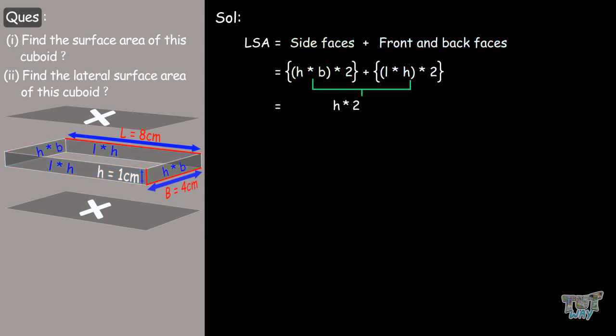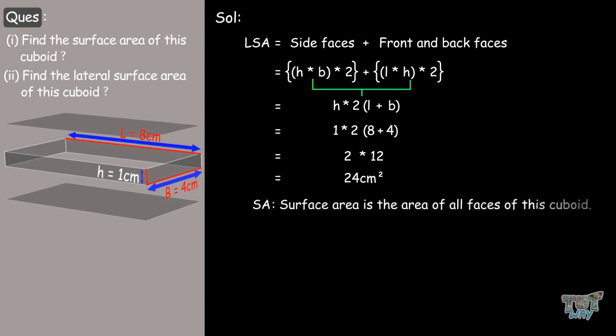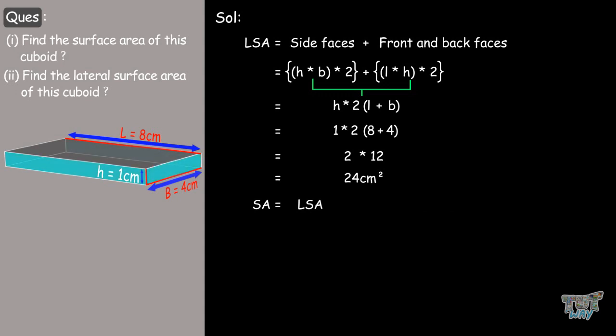So taking h and 2 as a common factor, you're left with length plus breadth times h times 2. It is 1 multiplied by 2 multiplied by 8 plus 4. That is 2 times 12 or 24 centimeters squared. That is the lateral surface area of this cuboid. Now what will be the surface area? Surface area is the area of all the faces. So it will be lateral surface area plus the area of the two faces on the top and bottom.